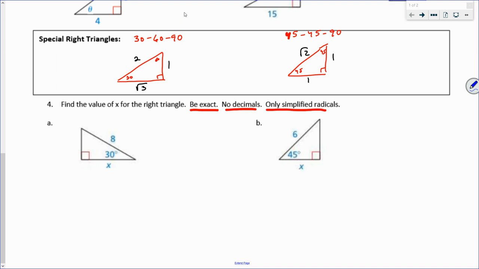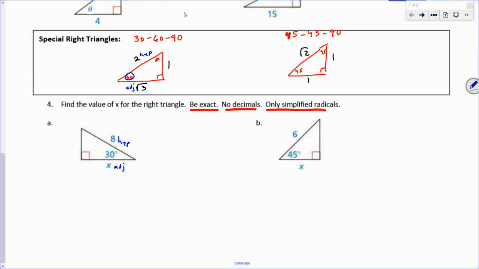we know what sides we've got, right? So when it says find the exact value of x, if we're given the 30-degree side, we see that this is the adjacent and this is the hypotenuse. So we go up to our other special right triangle, we find the 30 side, the adjacent side, and the hypotenuse side.